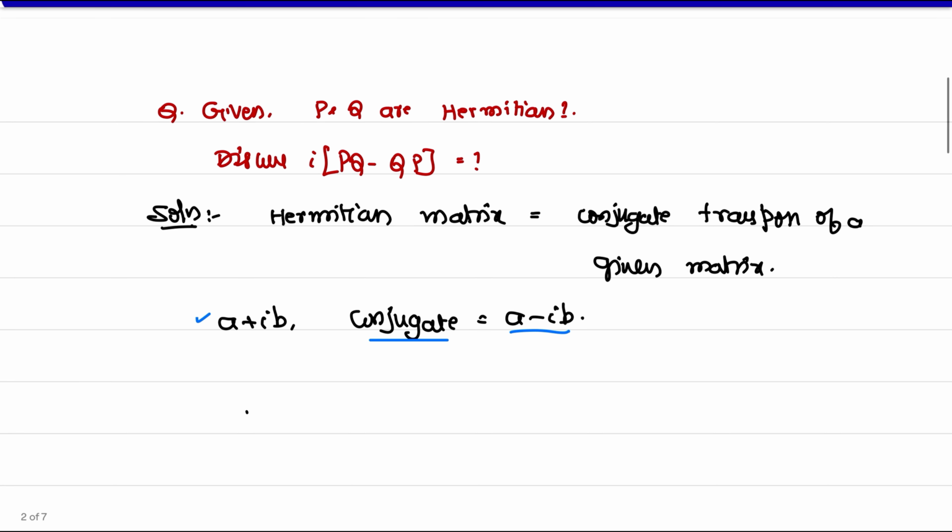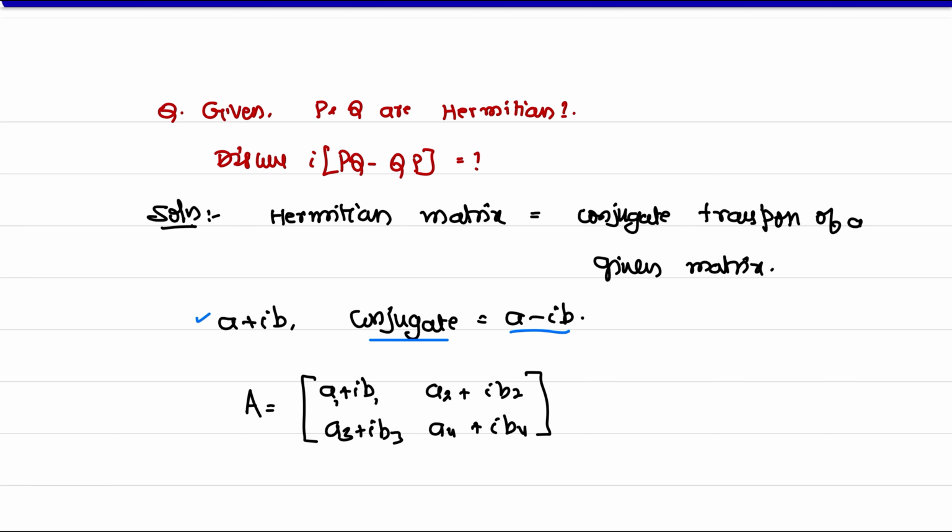For example, A is a matrix with complex numbers a plus ib, a1 plus ib1, a2 plus ib2, a3 plus ib3, a4 plus ib4. Let us say one matrix. It can be plus or minus; don't worry about a1, b1, a2, b2, what are they? They are real numbers.